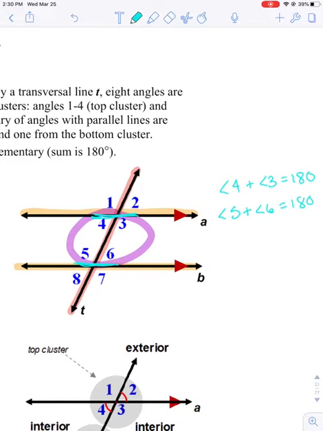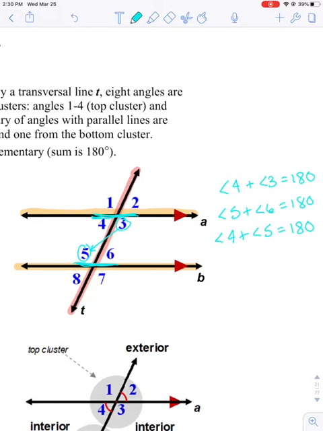But the new information here is that you could also look consecutively up and down. I could look at angle 4 plus angle 5, and those are supplementary. Now, those do not make an obvious straight line, but think about how you could reason through that. We've already proven before that angle 3 and angle 5 are equal to each other.